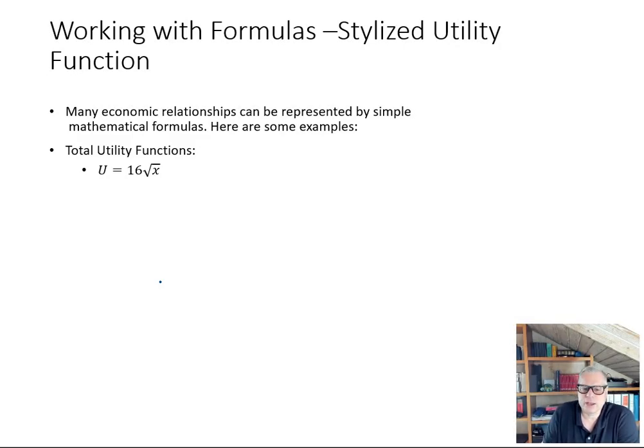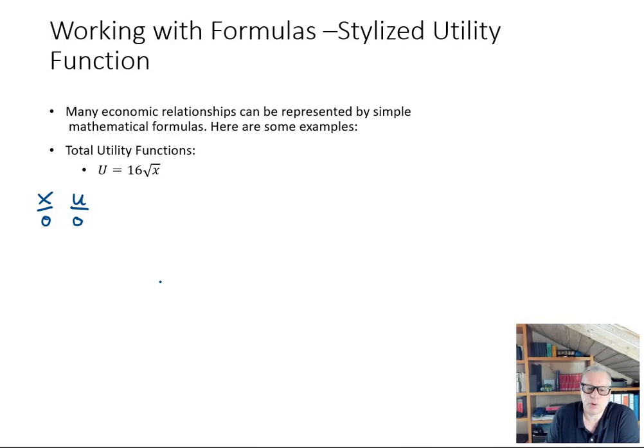So if you take a look at it, u equals 16 times the square root of x. If we have x equals 0, what is then the utility? Well, the square root of 0 is 0, 16 times 0 is 0.